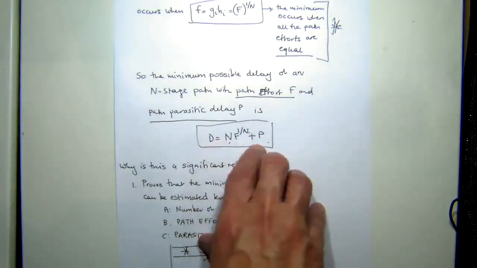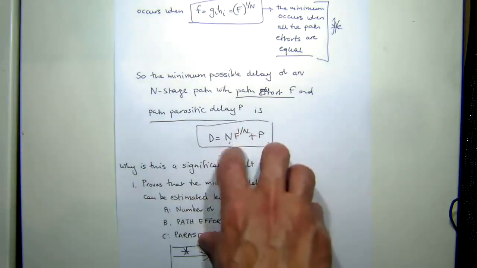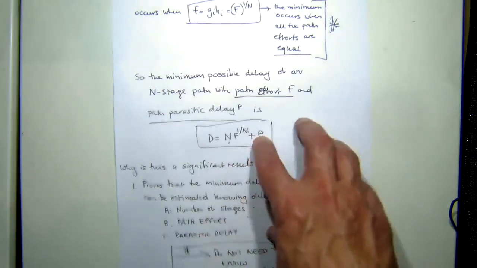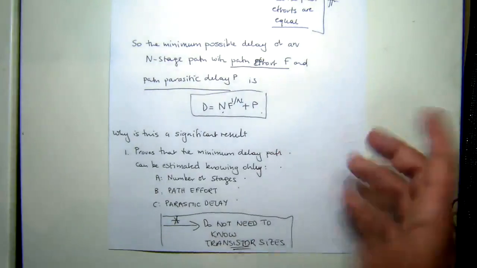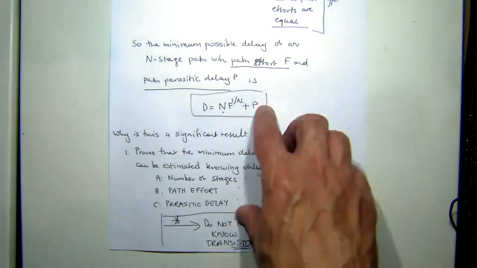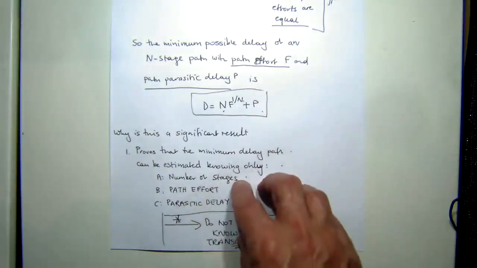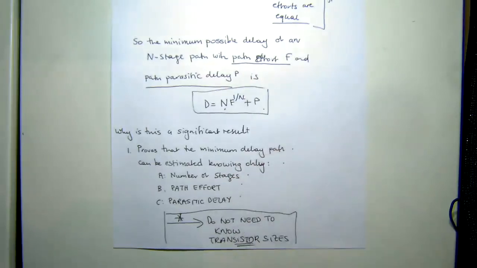We can rewrite the total delay as n times the effort, where each stage has the same level of effort, the total effort to the power of 1 on n, plus the parasitic delay. What it says is that if you've got the number of stages, the total path effort and the parasitic delay, you don't need to know anything about transistors in order to work out what the minimum path delay is going to be.